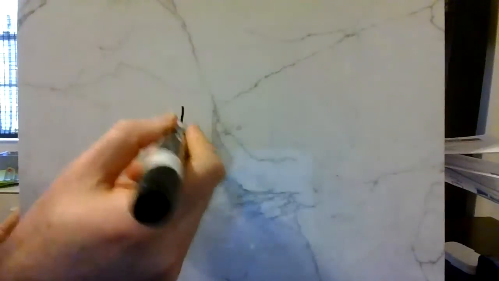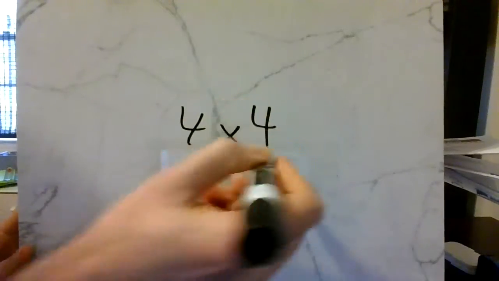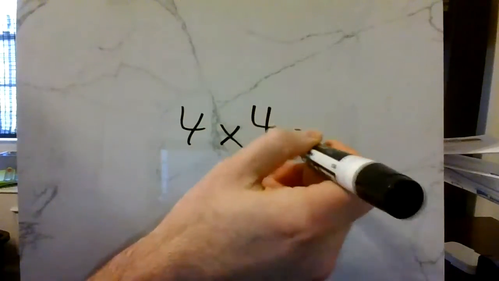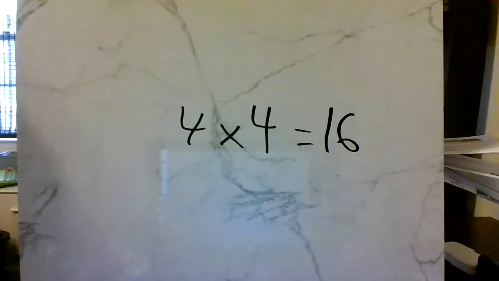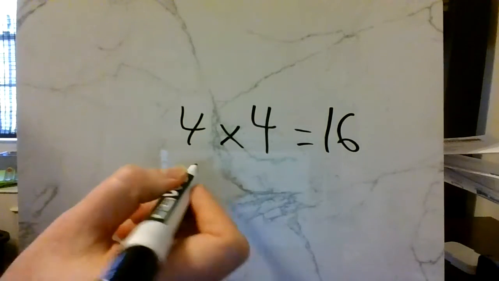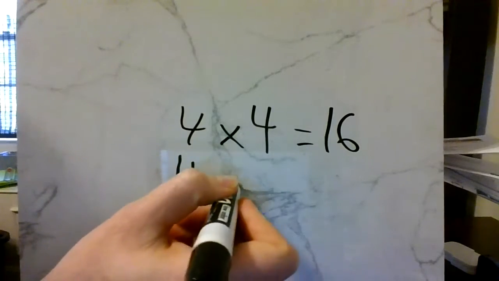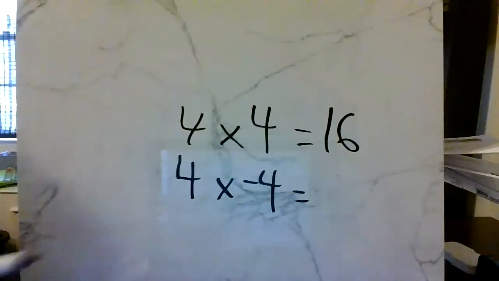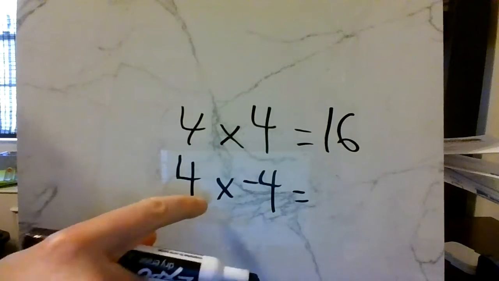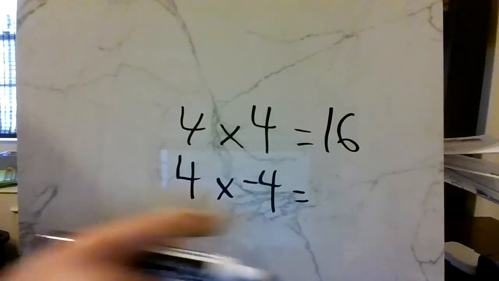When you have two positive numbers like 4 times 4, that's obviously 16. That's a positive number because you're taking positive times positive. But what happens when you have a negative value? Say, instead of a positive 4, we take negative 4. So, positive 4 times negative 4.